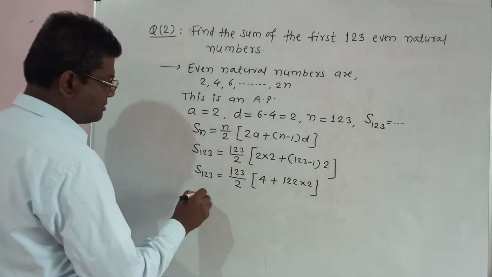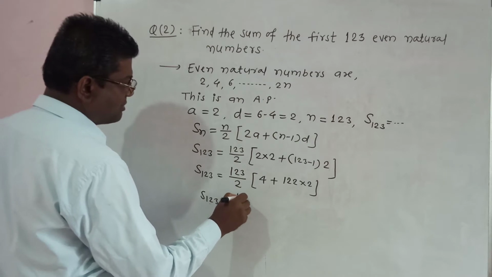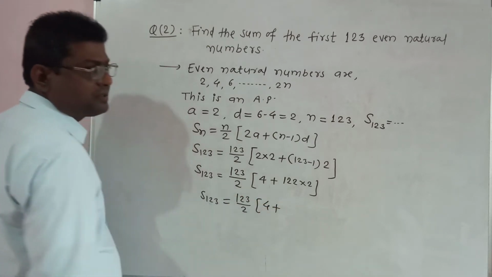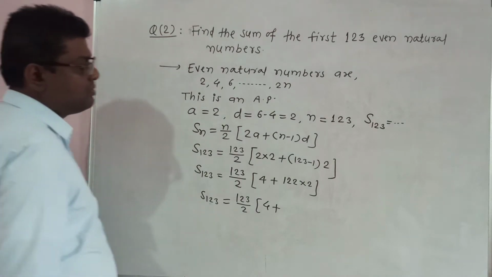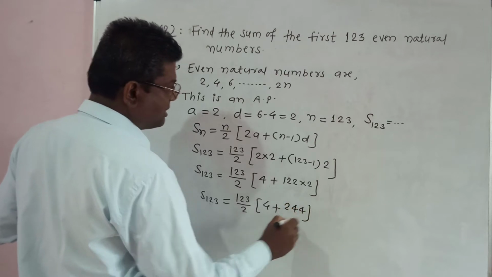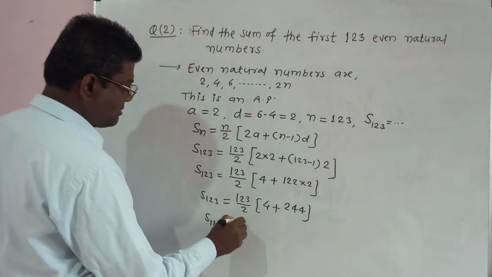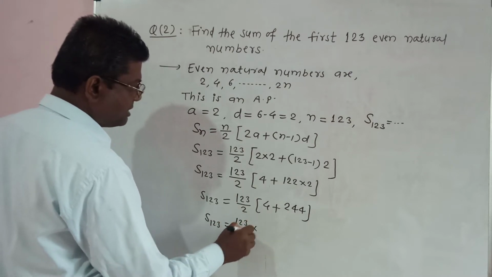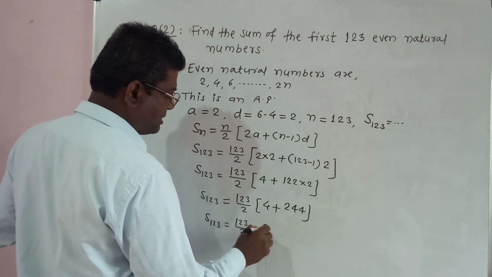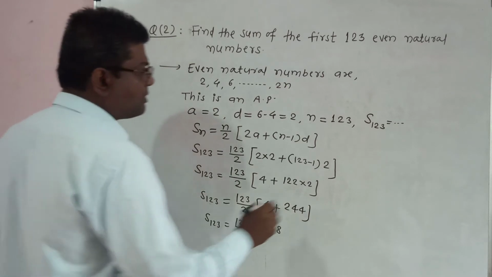So S123 is equal to 123 upon 2 in bracket 4 plus 122 into 2, that is 244. So S123 is equal to 123 upon 2 into 244 plus 4, which is 248.